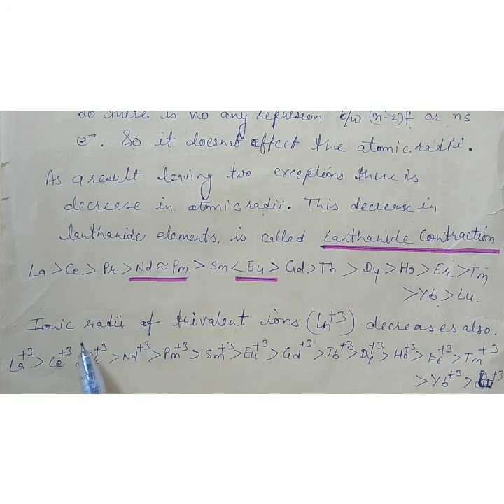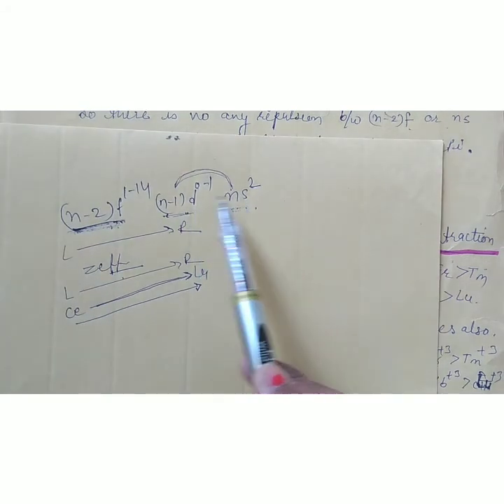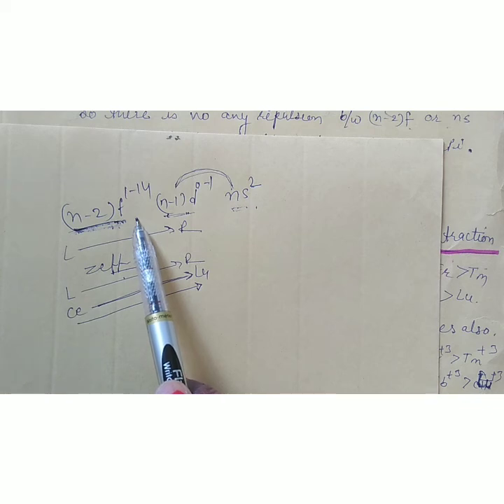Now ionic radii. As in d block elements also, in ions the outermost electrons are removed. For trivalent lanthanides, the outermost n-1 d and ns2 electrons are released. So the screening effect which was present is almost destroyed.